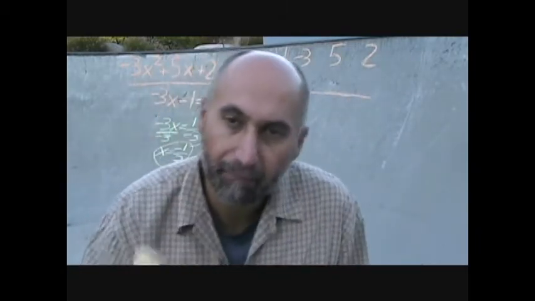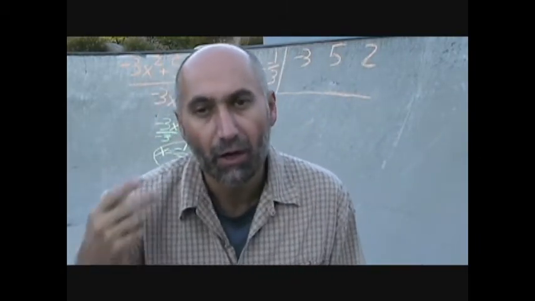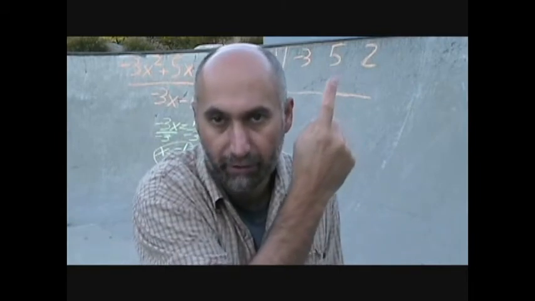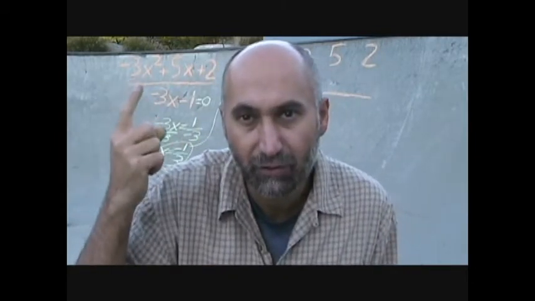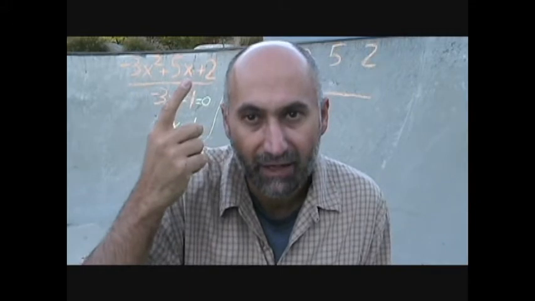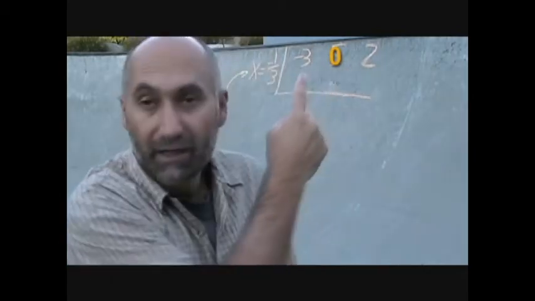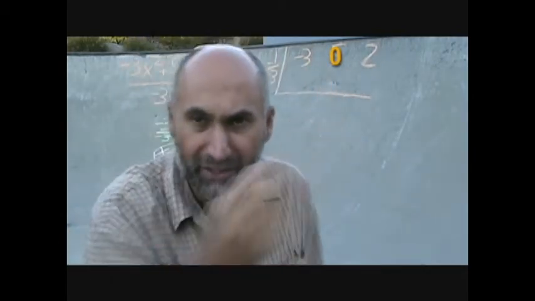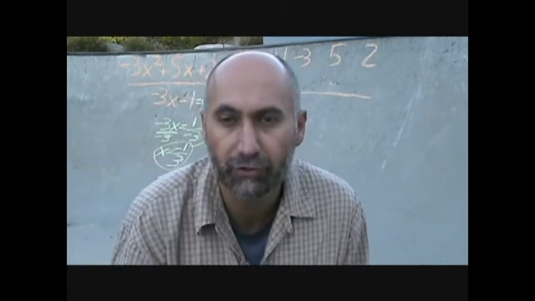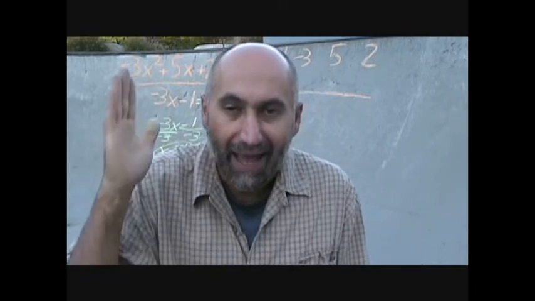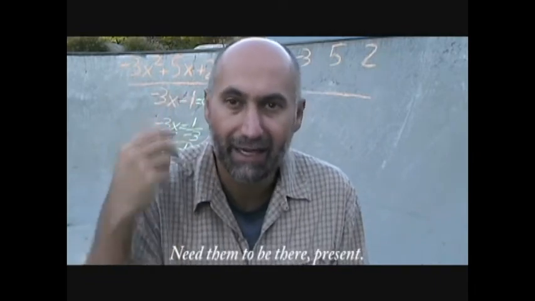Now keep in mind, the sign in front of the numbers always goes with the numbers, and if you have any missing x terms, you have to put a place marker there. So if this was -3x squared plus 5, if you were missing the middle term, the x term, you would have had to put a 0 there, because you need your polynomials, your numerators, to be in descending order, first of all, and you need them to be in order.